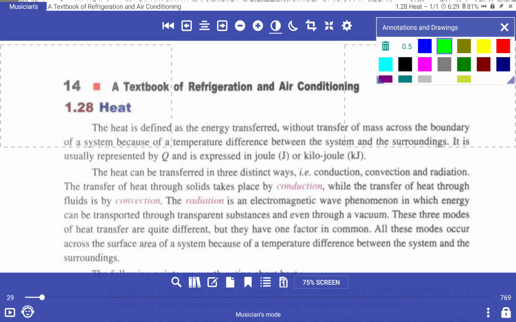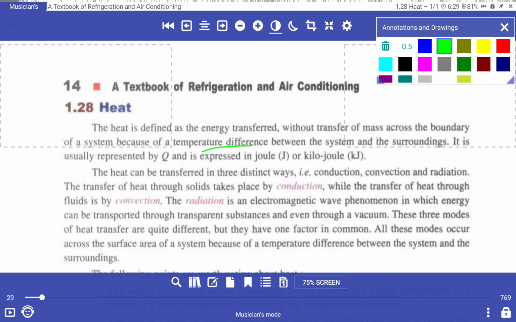Heat is energy transfer without the transfer of mass across the boundary of the system because of the temperature difference between the system and the surrounding.